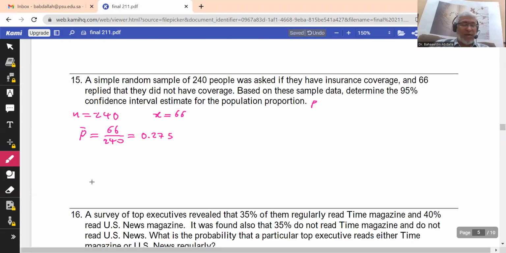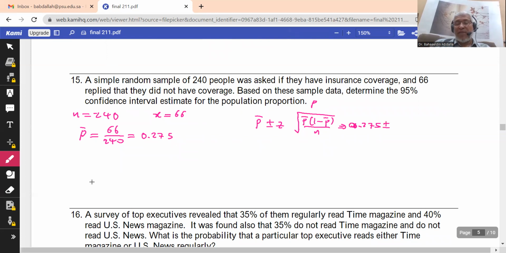The formula here is P bar plus or minus Z times square root of P bar times 1 minus P bar over N, the sample size. So we have 0.275 plus or minus.